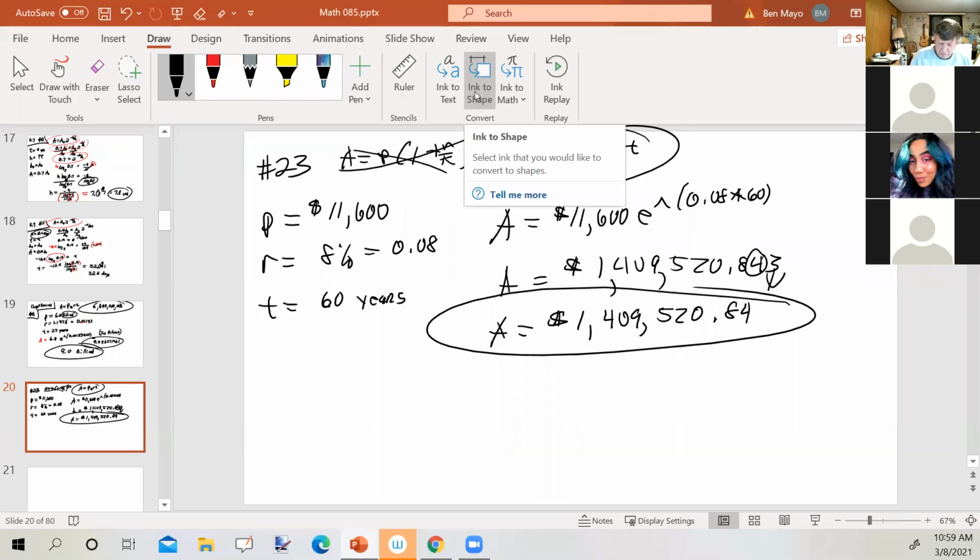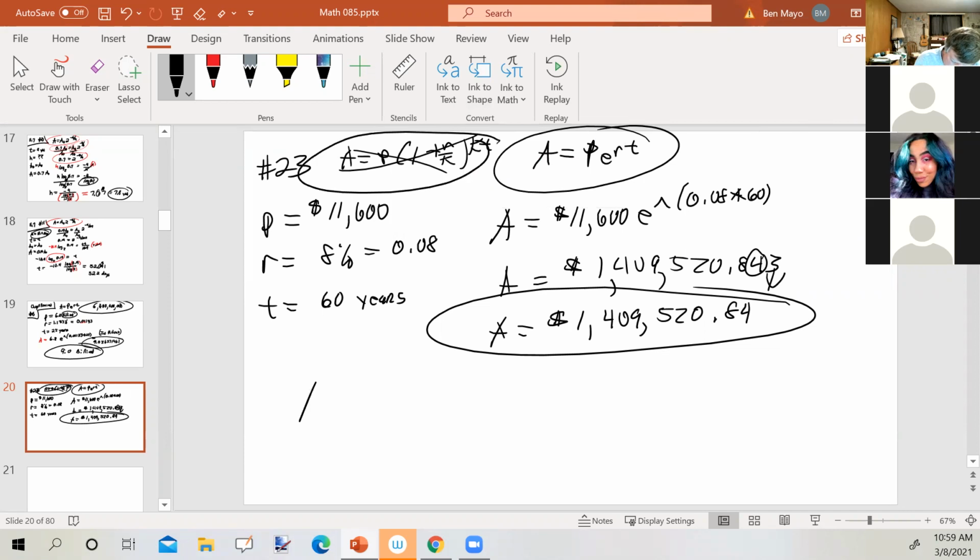So how would you do an equation that was compounded semi-annually and compounded quarterly? Because those are the problems I have most trouble with. Okay. If it was compounded anything other than continuously, we would be using this formula.